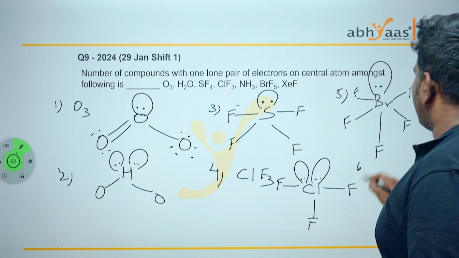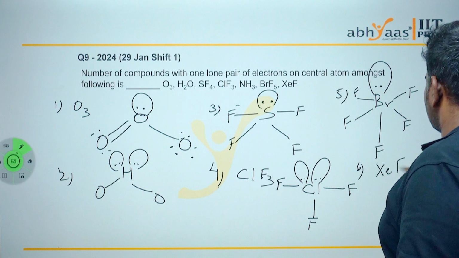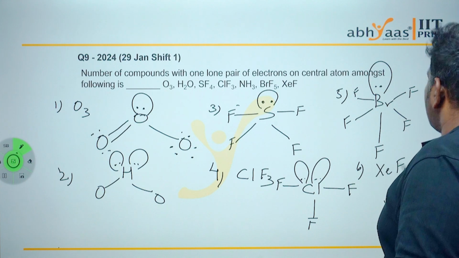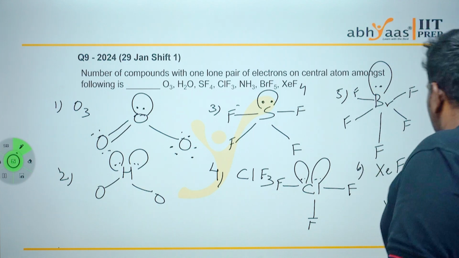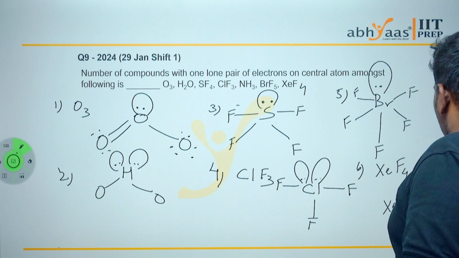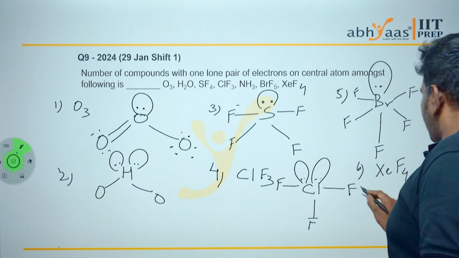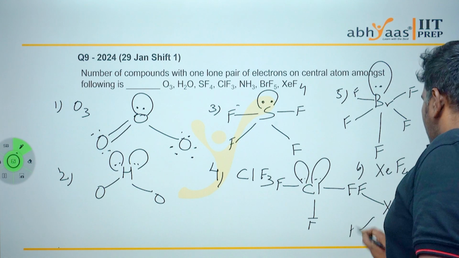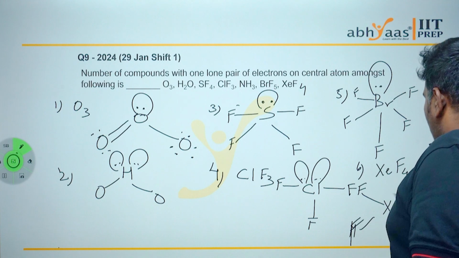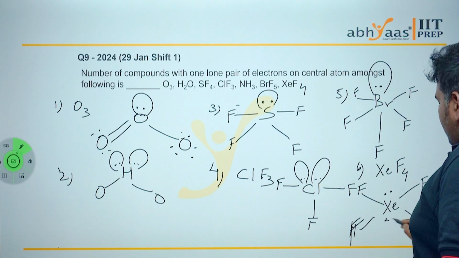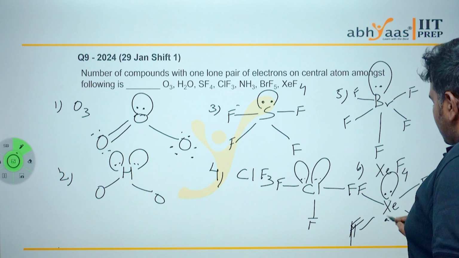And going to XeF4, you have 4 fluorine atoms, and on the central atom two lone pairs.